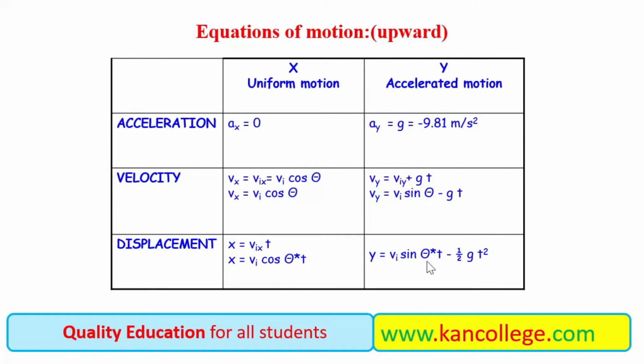By putting the value of parameters along the y-axis, the distance is denoted by capital Y, and initial velocity along the y-axis is Vi sine of theta, time is t, and the acceleration in the upward direction, as we are discussing the upward motion, is negative. So we put the negative sign over here.